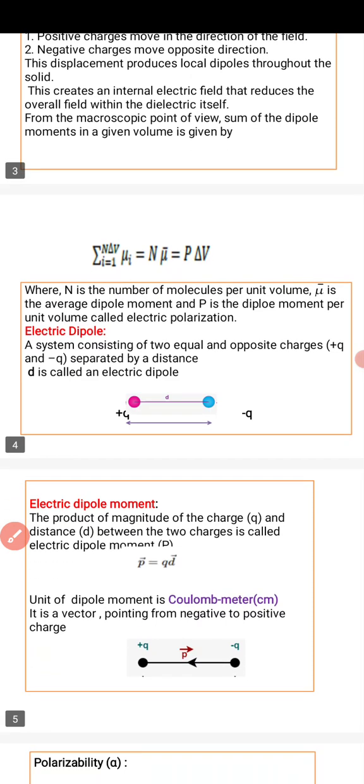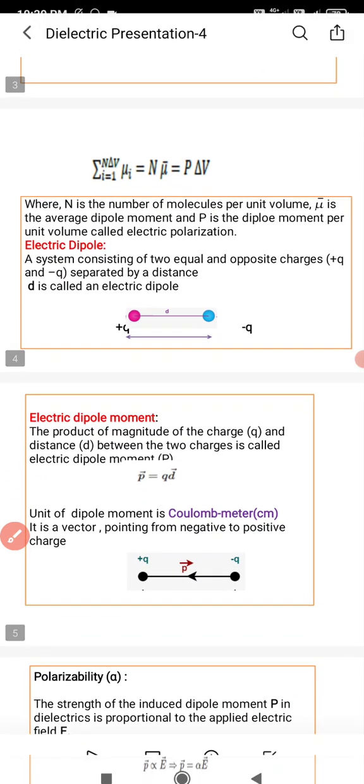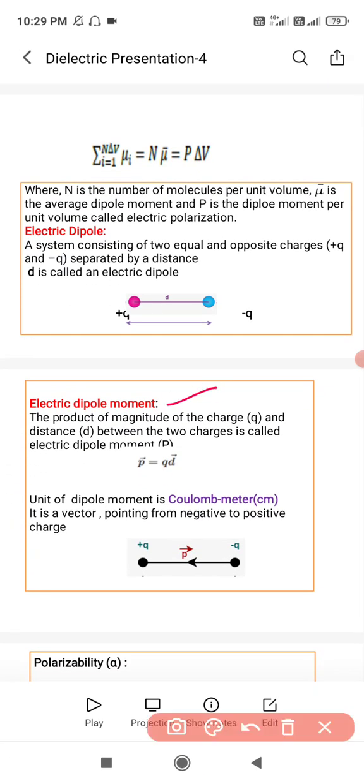Next, electric dipole moment. The product of the magnitude of the charge and the distance between the two charges is called the dipole moment P. So vector P equals the product of q into d.